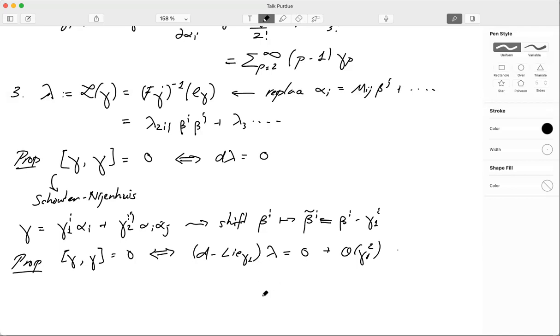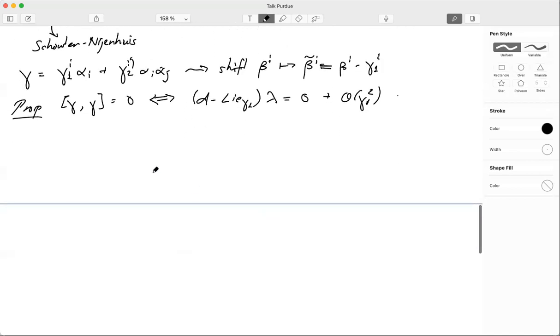Okay, now that we've discussed this odd version, I want to talk about how to generalize this to a non-commutative version, and that's going to have something to do with these Calabi-Yau structures, right? So before, just to recap, gamma is a polyvector field, and it has this bracket.